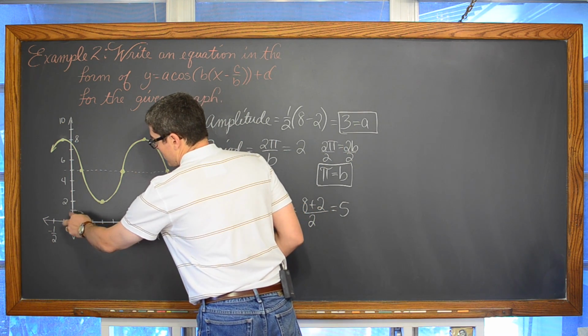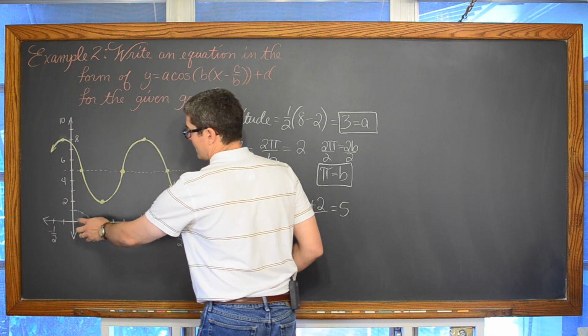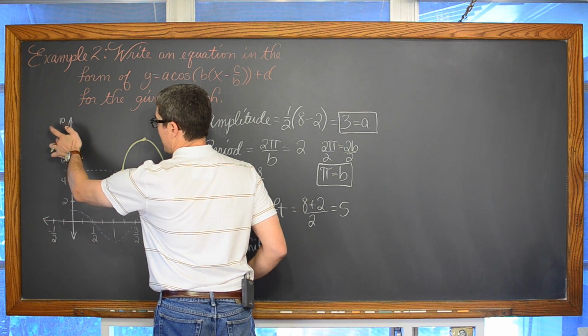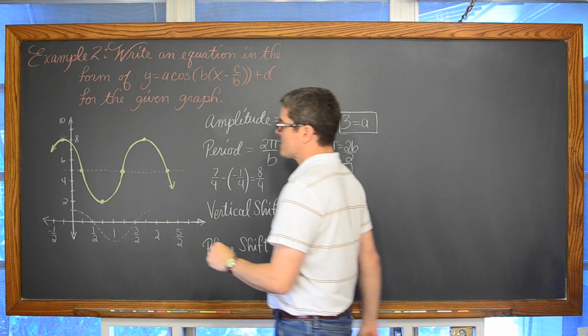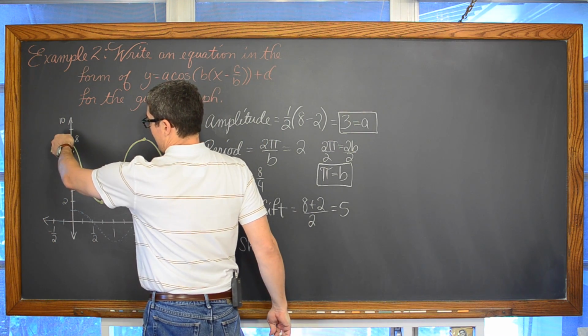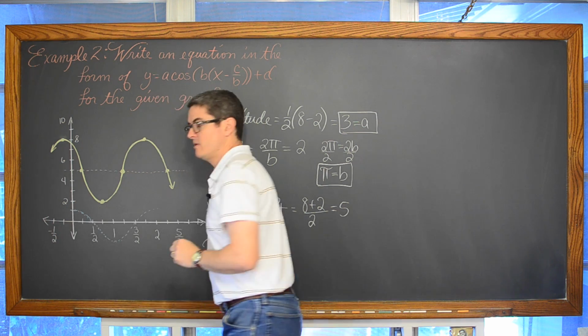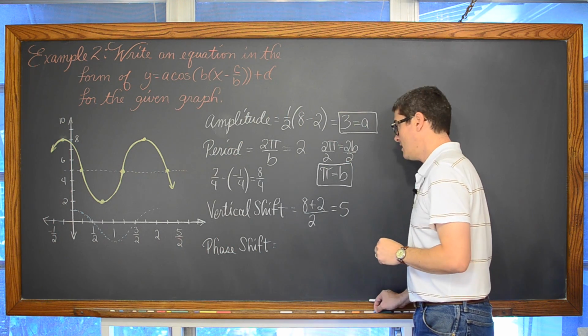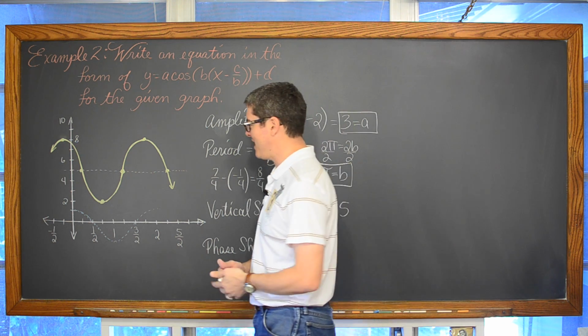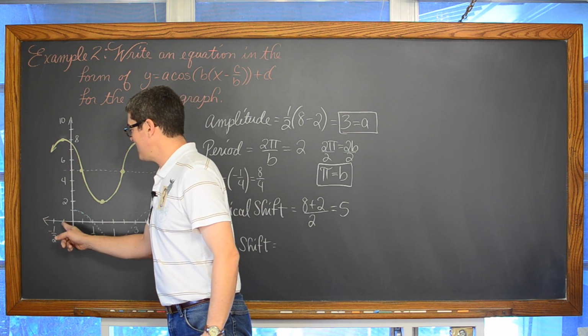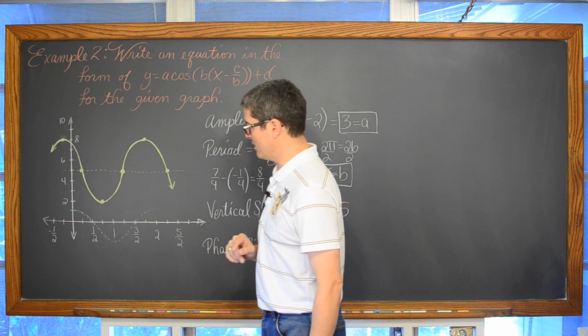Now that maximum point is at 0, 1. Now this maximum point, I know it's way up here at 8, but we've already talked about vertical shifts and the amplitude change. That maximum point is happening at an x-coordinate of negative pi over, oh, excuse me. I know, we always think about that x-axis having pi's in it. That maximum value is at an x-coordinate of negative 1/4.